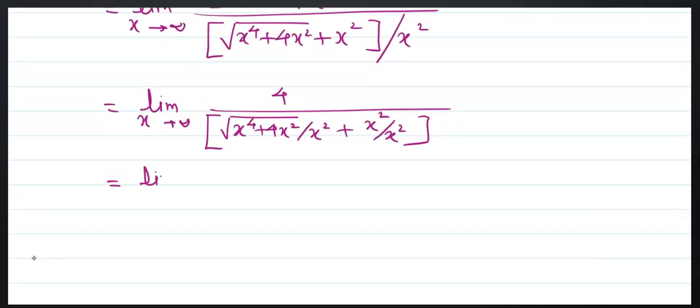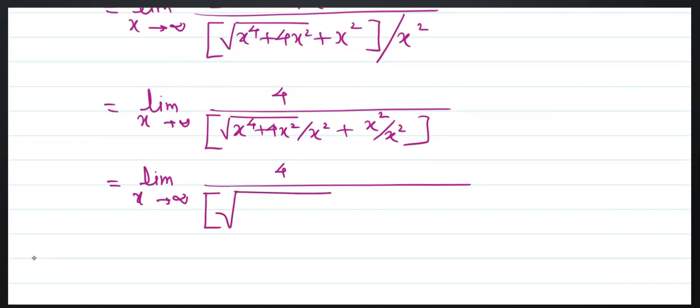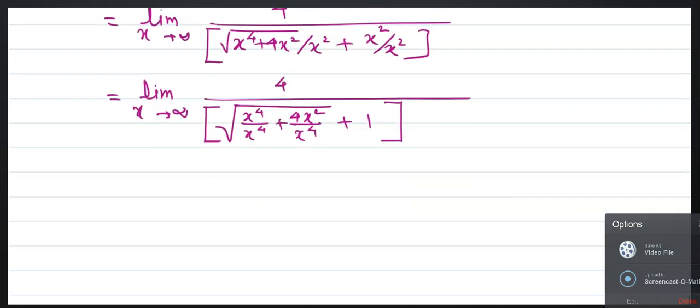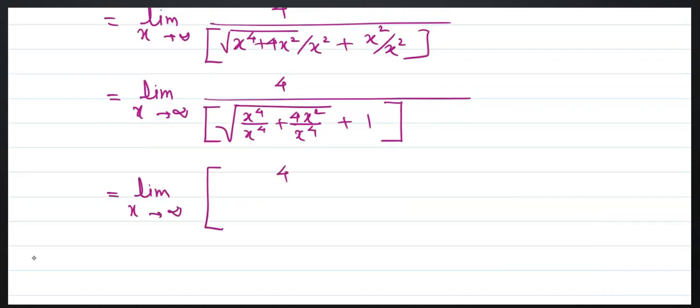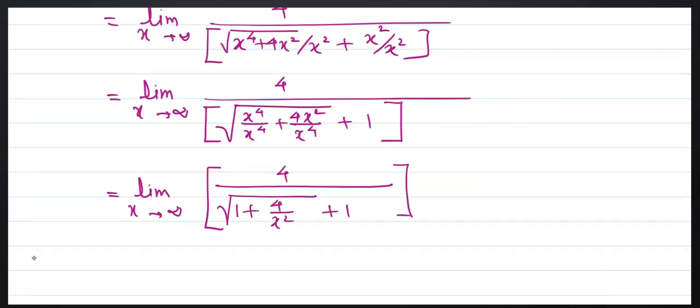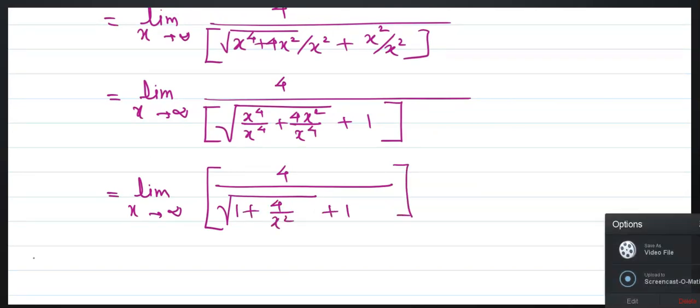Now the next is limit x tends to infinity 4 upon √(1 + 4x² upon x⁴ + 1).